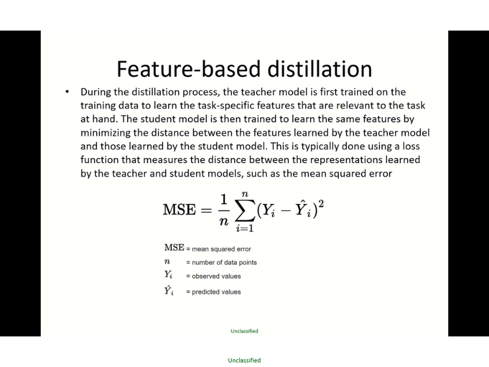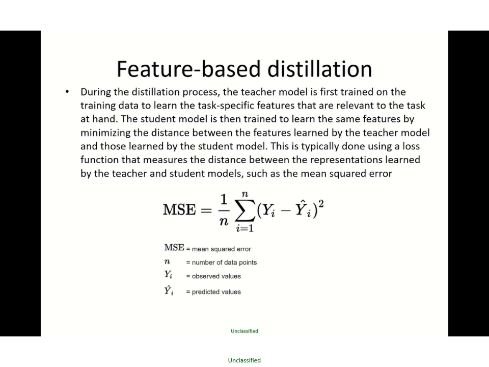One of the main advantages of feature-based knowledge distillation is that it can help the student model learn more informative and strong representations than it would learn from scratch. This is because the teacher model has already learned most of the relevant and informative features from the data.